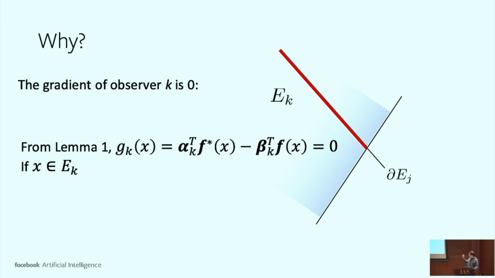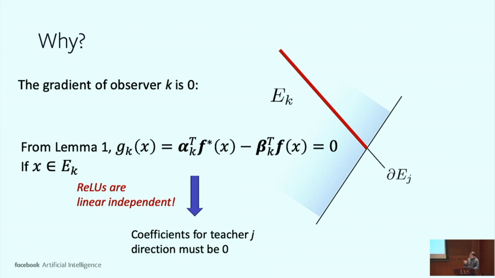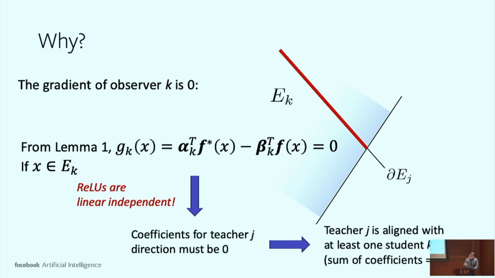And this is 0 when we are considering the points inside the activation region of the node K. Because the ReLU values are linearly independent, since they are pointing in different directions, this basically means that the coefficients for the teacher direction must be 0. That means if the teacher's coefficient is non-zero, there has to be a student that pairs with the teacher so that their combined coefficients are 0.